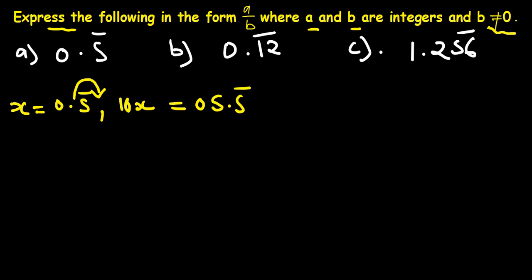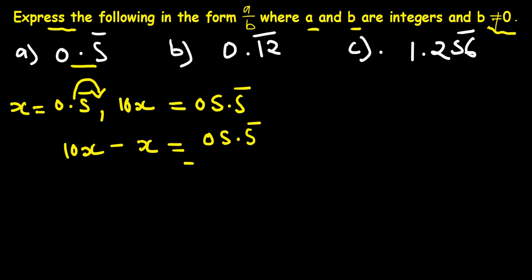So now to express this as a fraction, we're going to say 10x minus x. Okay, so this will be equal to 5.5 bar representing this 10x. Okay, and then we're not dividing here, we said minus.